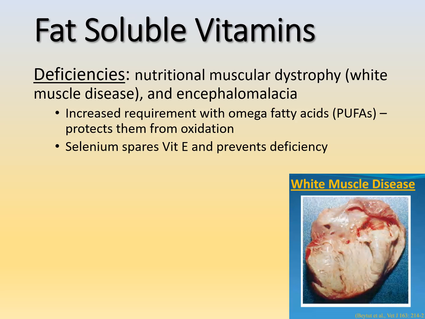Because we said that those free radicals can damage fats and phospholipids and cell membranes. So you require more vitamin E to protect them from oxidation. As you eat more things with omega fatty acids in there, you should also increase your vitamin E intake to help protect them.